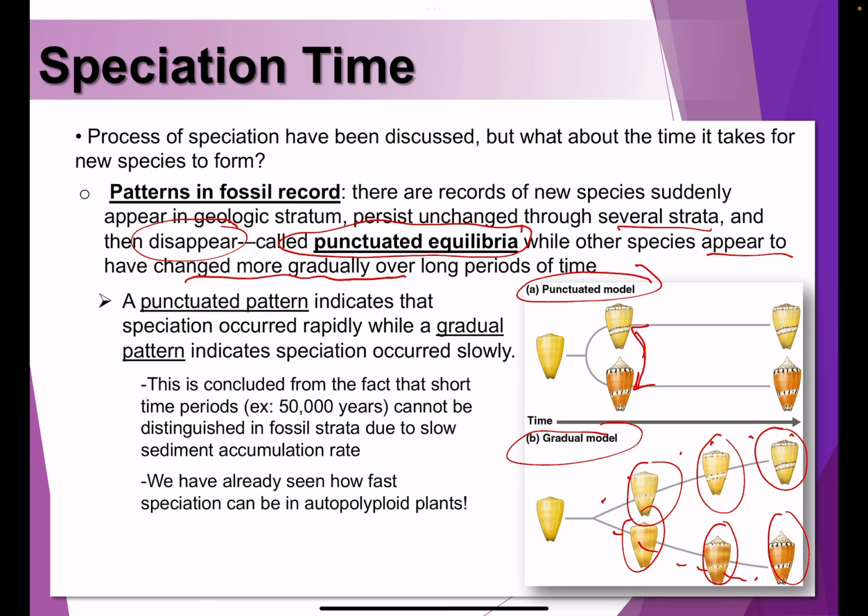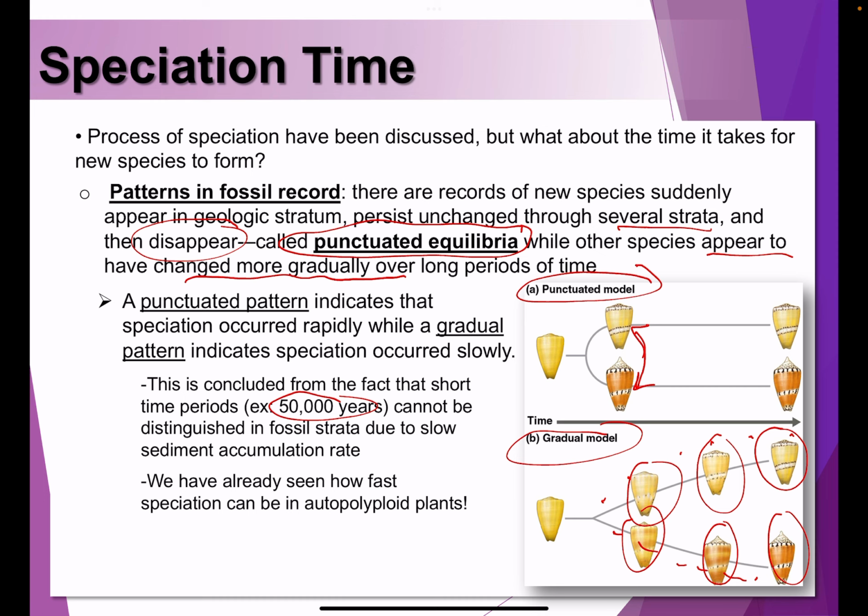This is concluded from the fact that short time periods, such as 50,000 years, well, that's not short. Well, with fossils, it is short. We're talking about how long it takes for rocks to be formed, sediments to settle, and then compress into these strata we've talked about, into fossils. 50,000 years is not that long for them.